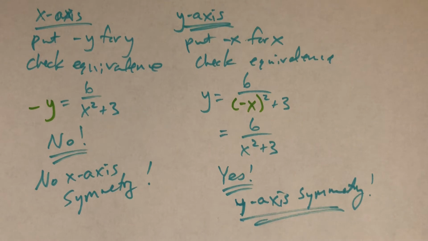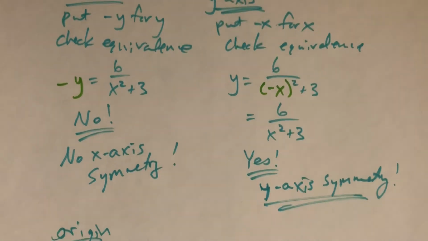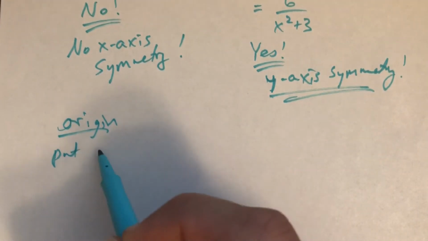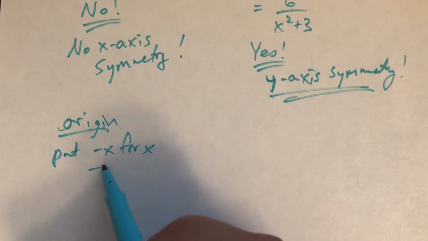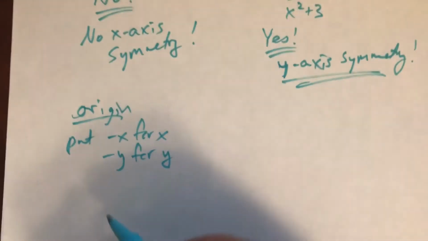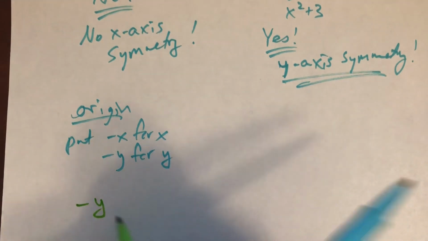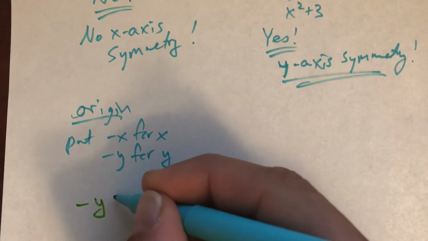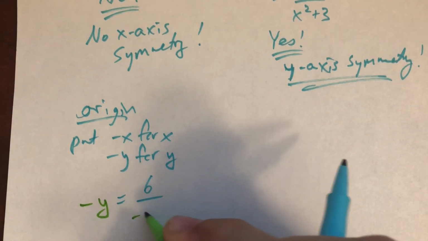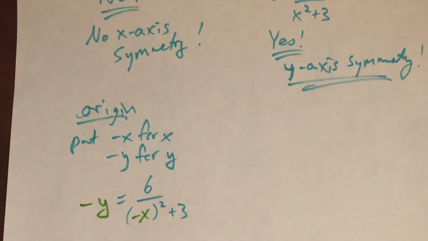Now we should test for origin symmetry as well. So we test for origin symmetry in the same way, right? We're going to put negative x for x, negative y for y, and we're going to check for equivalence. So if we put in a negative y for y and a negative x for x, we're going to see what happens.